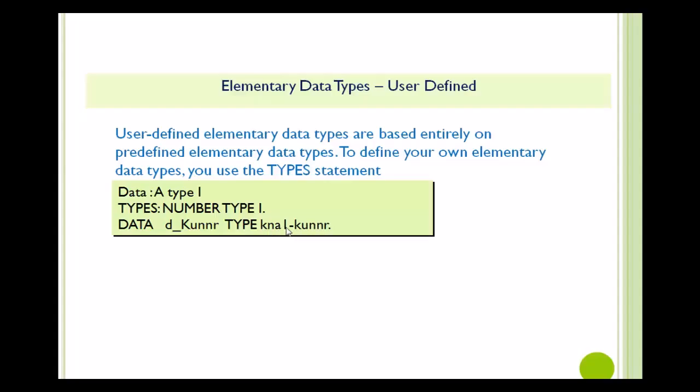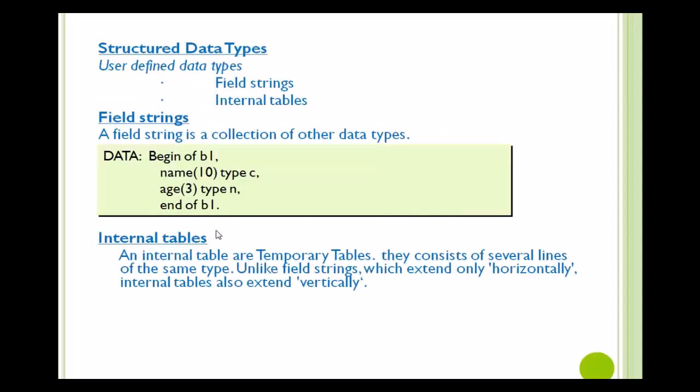Here you can refer with a table name hyphen field name, so that it is not required to use the integer type or a predefined type. The length will be created automatically from kunnr. For example, if in kna1 kunnr we have declared a character of 20, assume that, then here d_kunnr, the variable, also contains 20 characters.